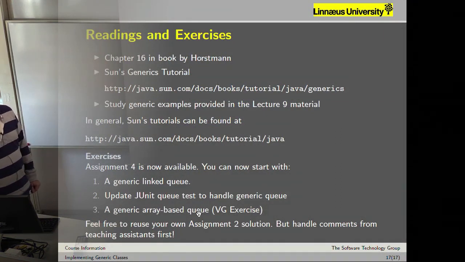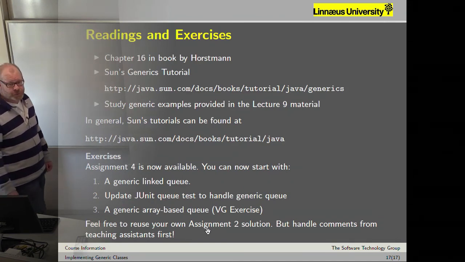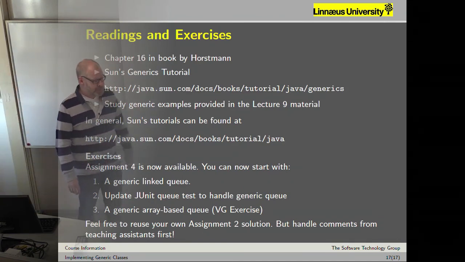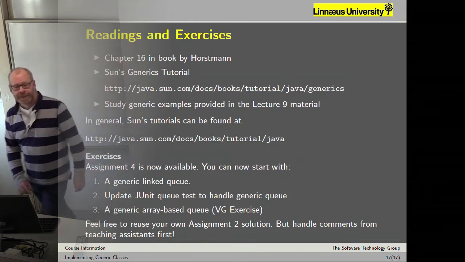It was a VG exercise in assignment 2. We want you to do a generic version of it here. So the VG exercise here is to make a generic version of the VG exercise in assignment 2. Of course, feel free to use your own assignment 2 solution. Self-plagiarism is not a major problem.